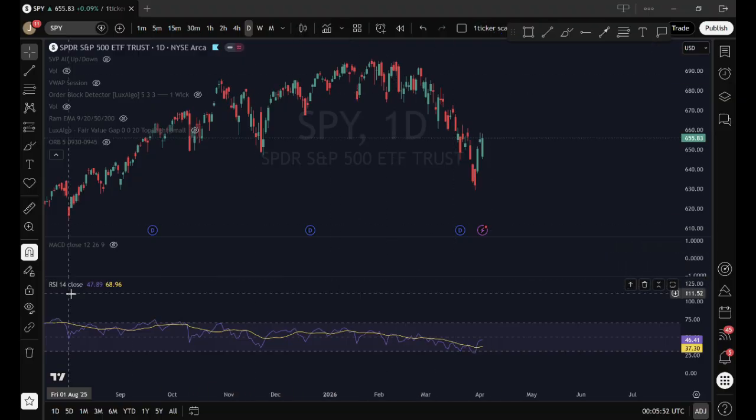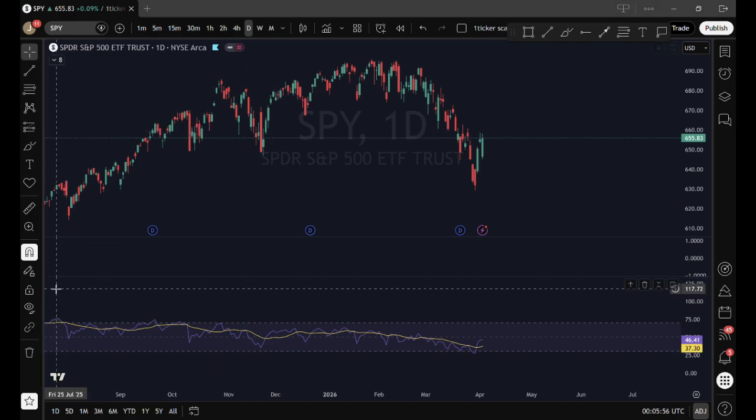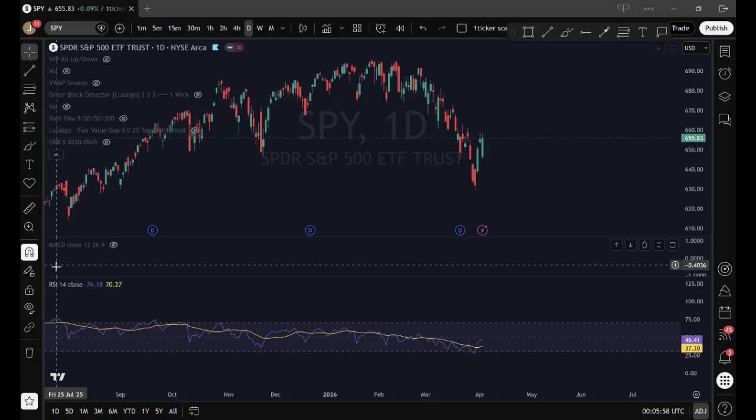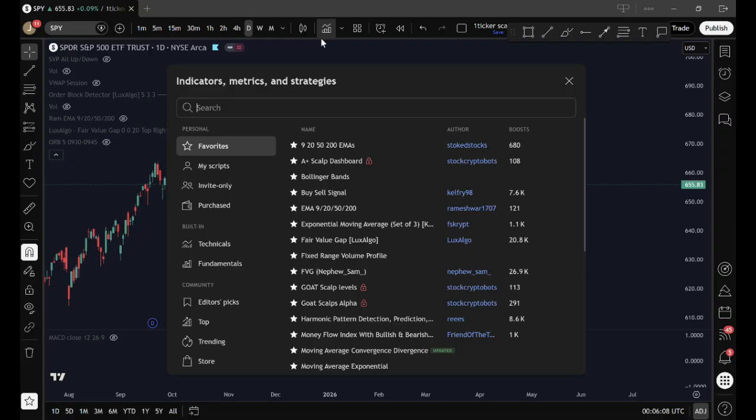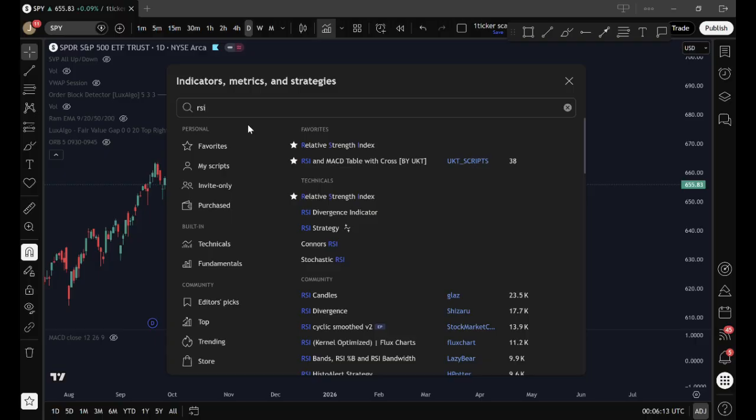And if you don't have RSI on your TradingView and you want to get it, you come right up here where it says indicators and you just put RSI, Relative Strength Index.